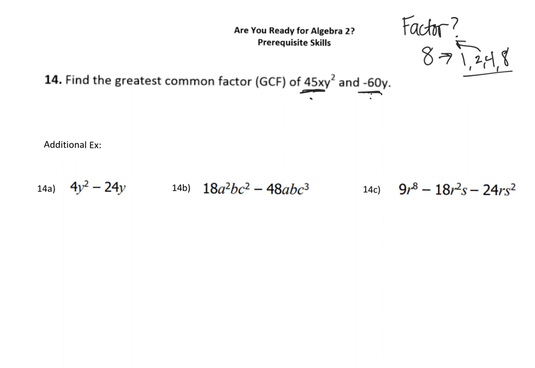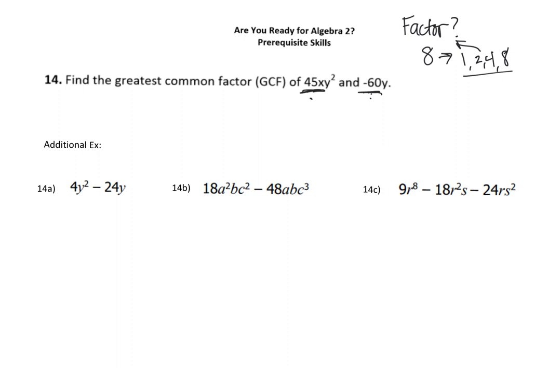We start with our coefficients first, just like we do with most things. The largest number, well, I'm like, well, 3 goes into 45 and negative 60, but is that the largest number? Well, if I did 45 divided by 3, I'd get 15. Negative 60 divided by 3 is negative 20, and they still have factors in common, so I didn't find the greatest common factor. You do need the biggest.